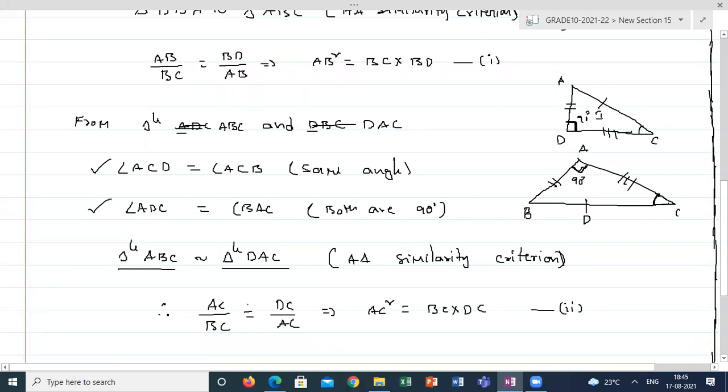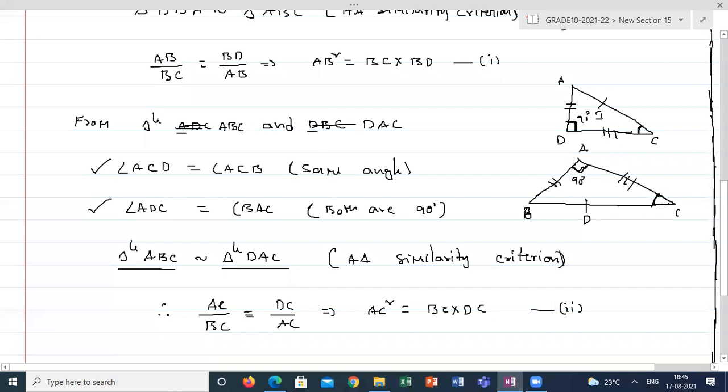So the AC by BC ratio will be equal to, what is the side opposite to angle B, or what is the side opposite to angle C? AD. What is the side opposite to C? AB. The remaining is AC and AC, correct? Sorry, remaining is CD and AC.